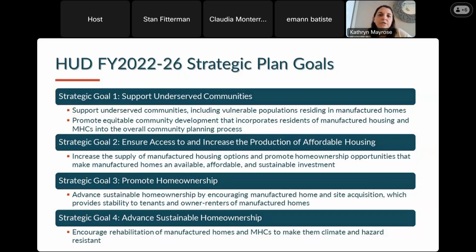Here we're getting into some of the regulatory updates in the new notice, to hopefully provide additional sustainability and stability to tenants and other residents of manufactured homes. And then finally, to advance sustainable homeownership, we're talking about making manufactured homes and manufactured housing communities more resilient and resistant to climate hazards and other types of hazards.